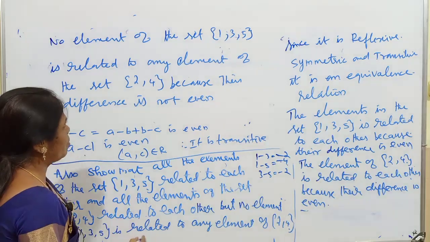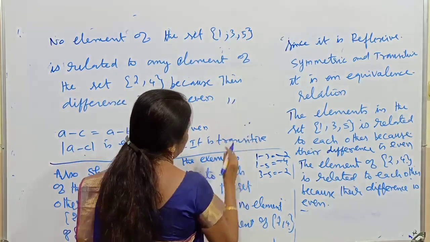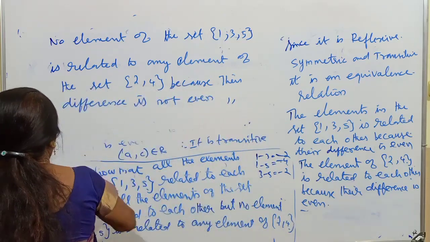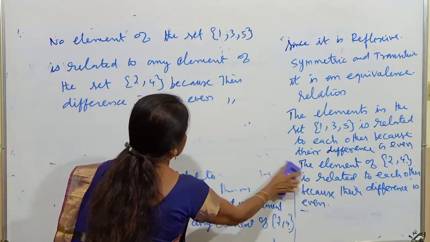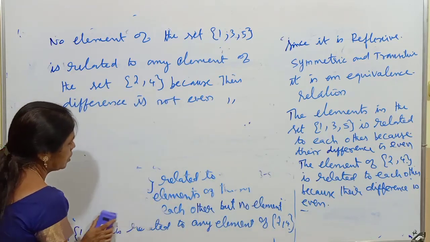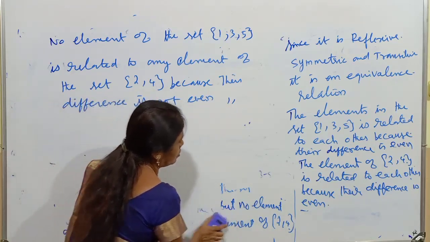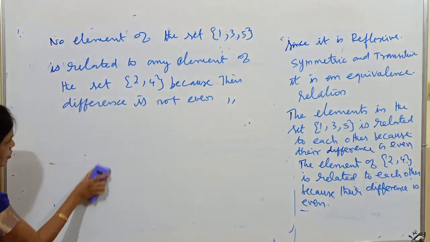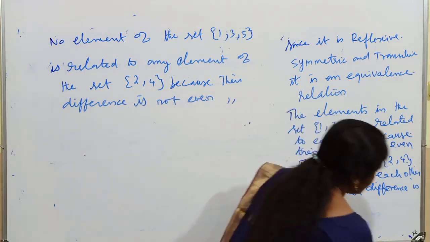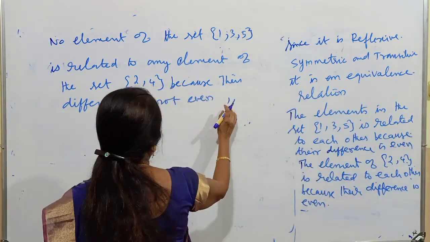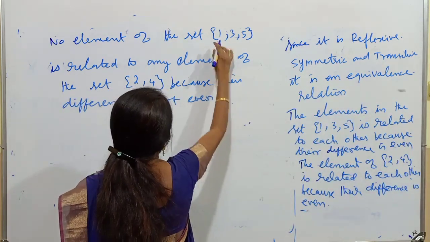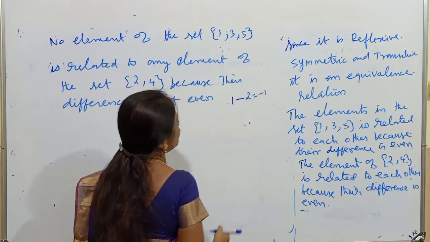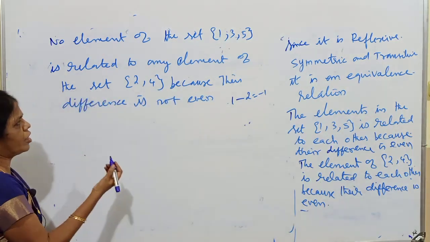Right. Now, what is the meaning of this? You see that 1 minus 2, the element from the first set and the element from the second set, will be minus 1, not even, it is an odd number.